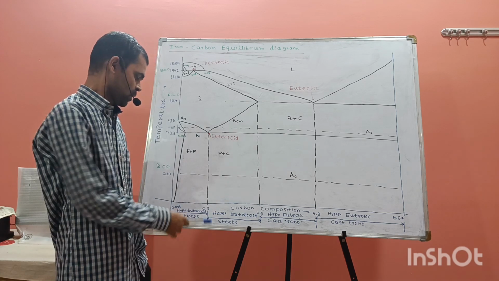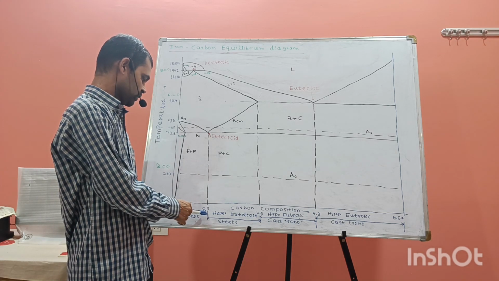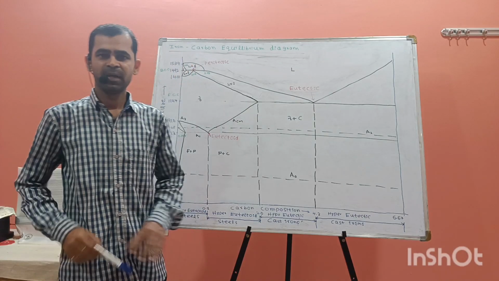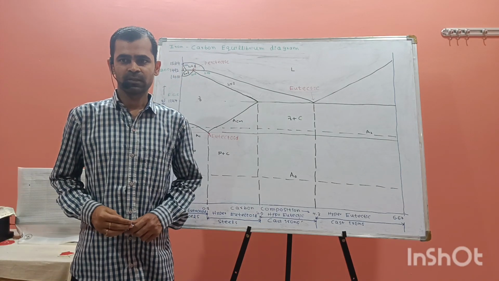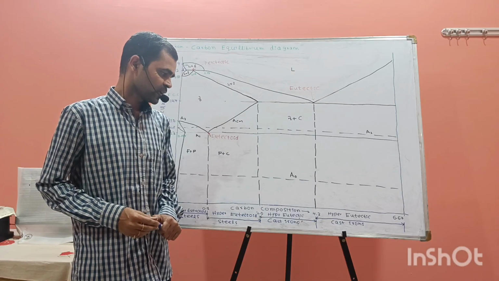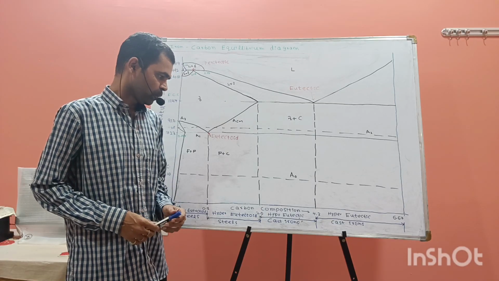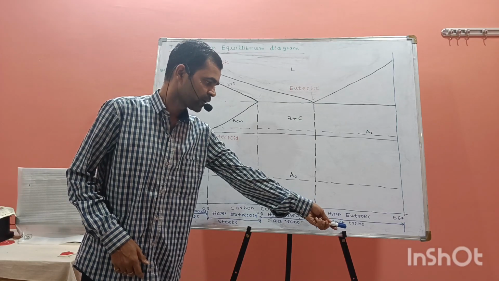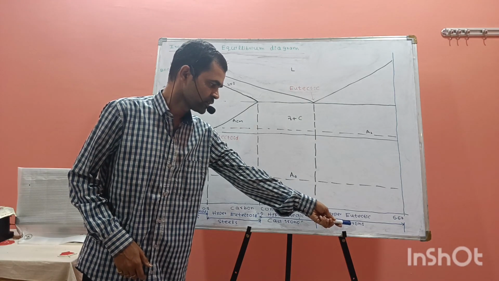Steels and cast irons are divided based on the composition. When the carbon percentage is more than 4.3 percent, they are called hyper-eutectic cast irons.